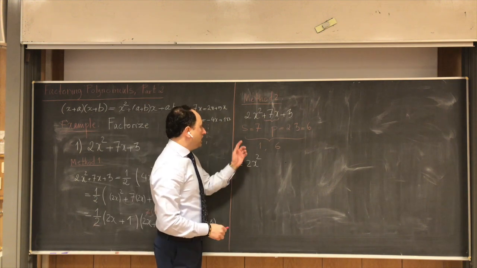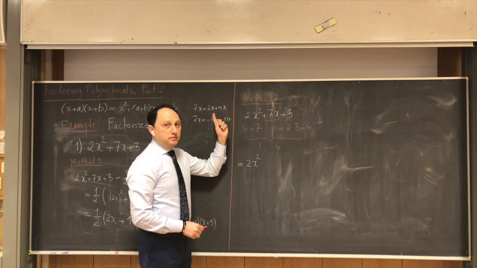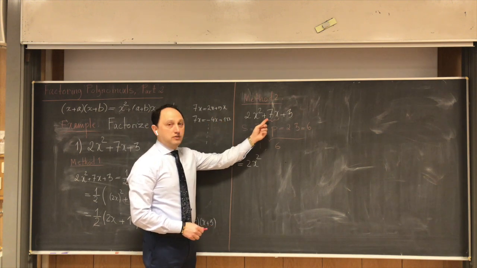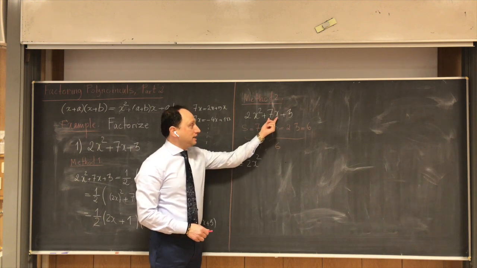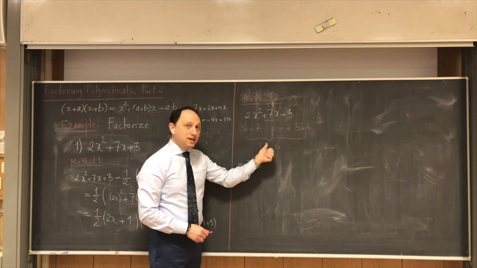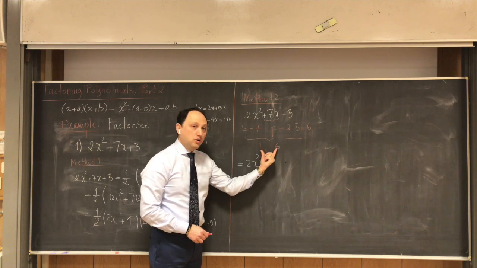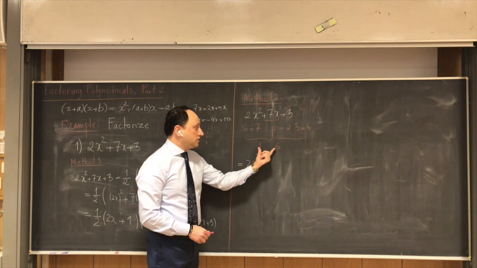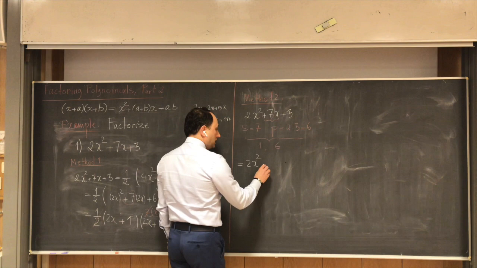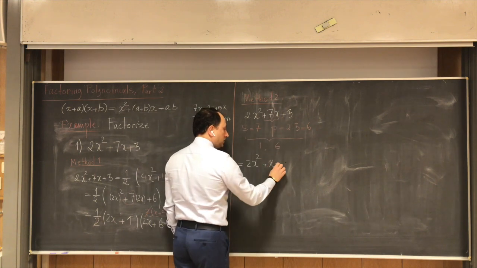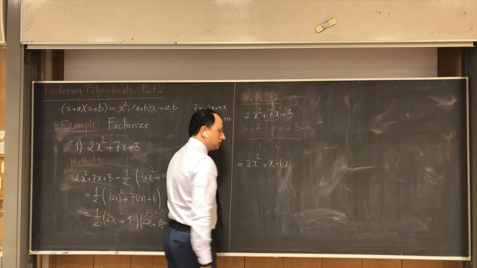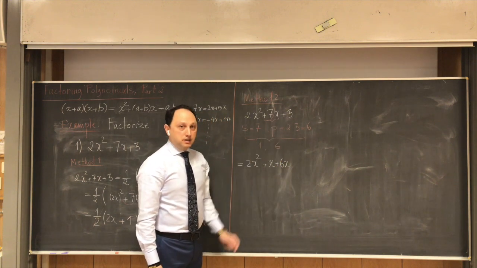But there is only one of them which will help you to factorize this in the way that I will describe shortly. How? Break 7x into 1x and 6x that you got from here. So instead of 7x, you write 1x and then you write 6x. This becomes exactly 7x.